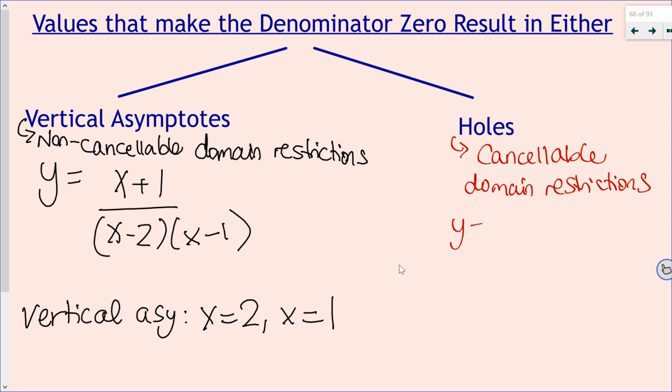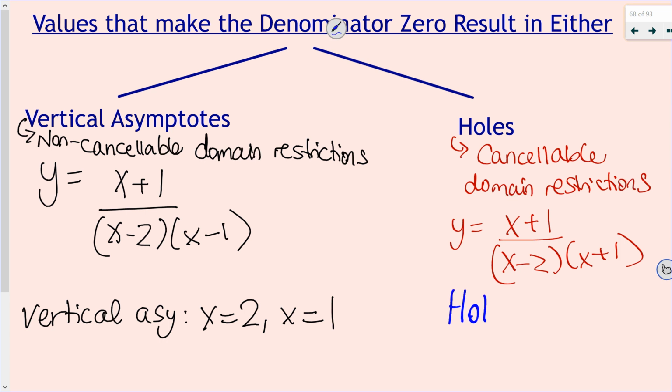So for example, y equals x plus 1 over x minus 2 times x plus 1. Here we would have a hole at x equals -1, and we would have a vertical asymptote at x equals 2.